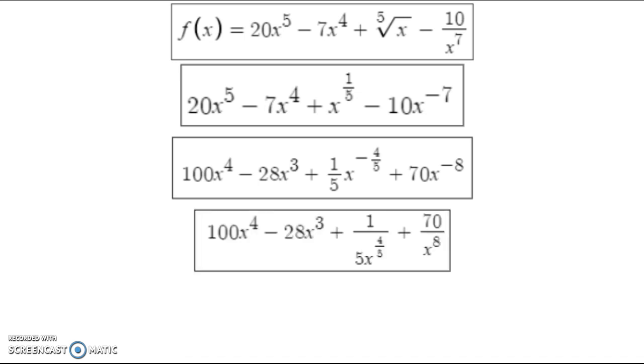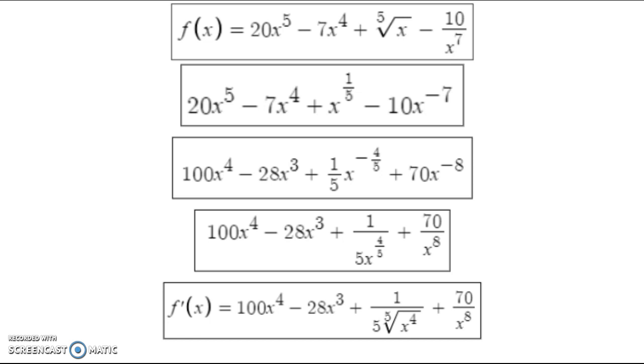The next thing we need to do is to get all the exponents to be positive. In order to do this, you simply move the negative exponent to the denominator. 100x to the 4th and negative 28x to the 3rd can stay the same. 1/5 x to the negative 4 over 5 power becomes 1 over 5x to the 4 over 5 power, and 70x to the negative 8 becomes 70 over x to the 8.